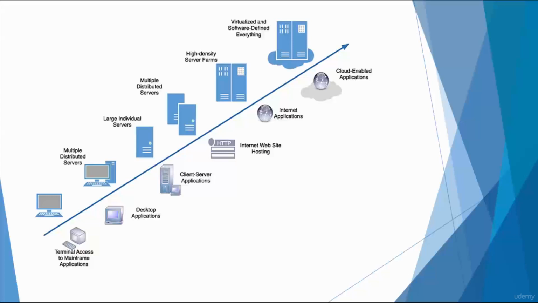As far as the systems are concerned, starting from the multiple distributed servers to large-scale servers, and then we had the server farms, and eventually the VMs or the virtualization technology came into existence, and now we're running VMs upon VMs. Well, where do we go from here?